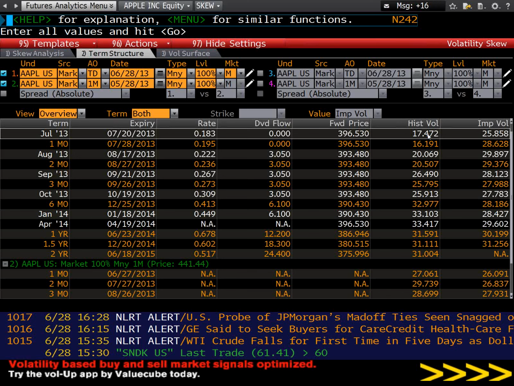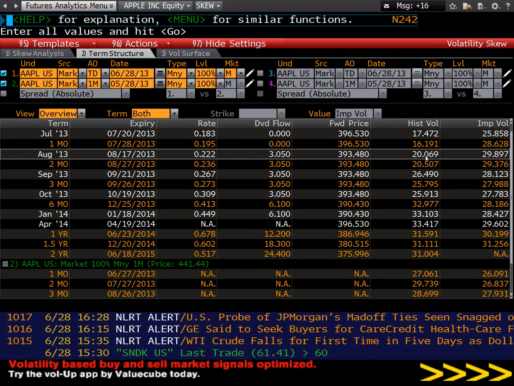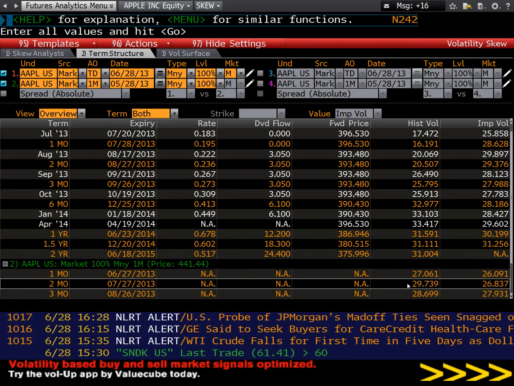So if you want to look at monthly options that capture the earnings release, you have to go to August. And here you get implied volatilities for August of 29, almost 30, versus the adjusted, call it 2 months at this point, since we're going to August, of 29.